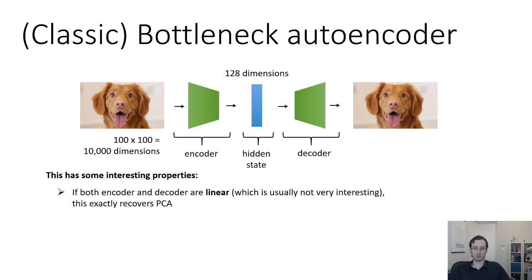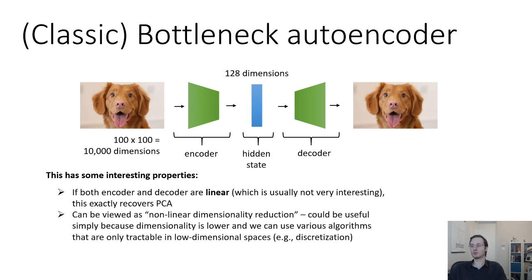This might seem surprising, but it's actually true. So in a sense, you can think of a bottleneck autoencoder as a kind of nonlinear generalization of principal component analysis. You can view it as basically nonlinear dimensionality reduction. And it could be useful simply because the dimensionality of the hidden state is lower, and then you can use various algorithms that are only tractable in low-dimensional spaces.